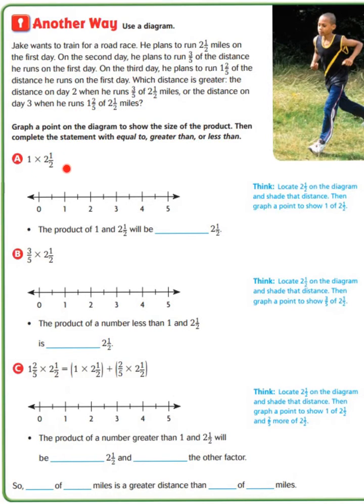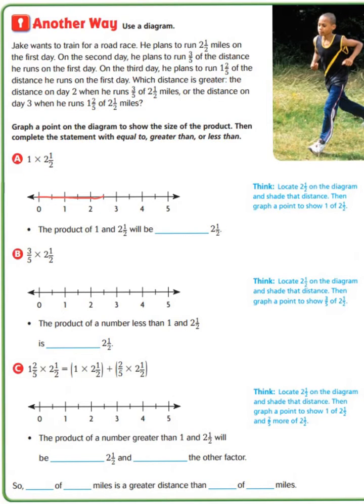We know that our second factor in our multiplication problem tells us exactly how far we need to jump each time. So we're going to move over to our 2.5 on our first jump. Now, the first factor in our multiplication problem tells us how many jumps on the number line we're going to make.